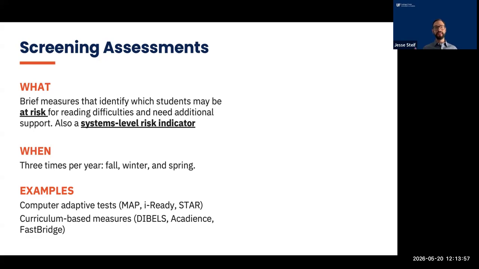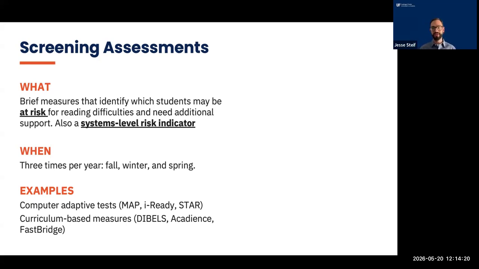Now, that doesn't mean that you are doomed if you are at risk in kindergarten or first grade. It's far from that. Actually, it's the exact opposite. You are never doomed to be a non-proficient reader in third grade, but it shows us where a student's trajectory is headed if we don't provide intervention.